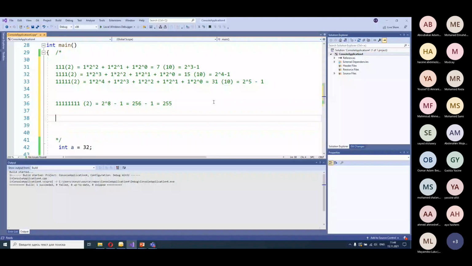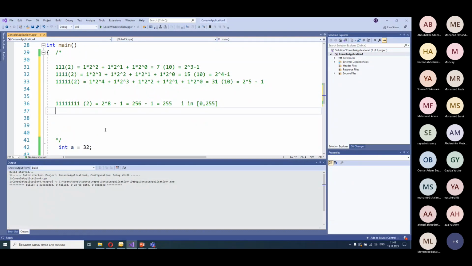Suppose that the numbers are positive, and we use a 1 byte cell. In this case, any integer number is in the range from 0 to 255.